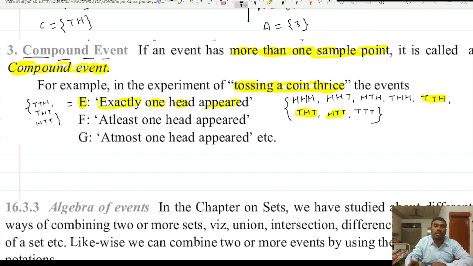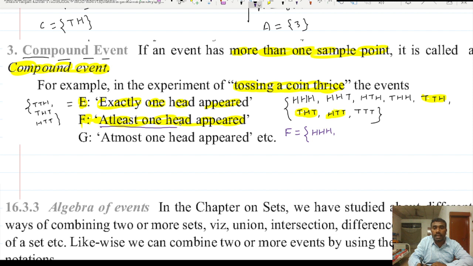Similarly, consider the second example, where we take F as an event in which at least one head appeared. Hopefully you got the concept. F is an event in which at least one head appears, so more than one head will also be considered as a favorable case. All the cases will come except this one, because at least one, so more than one will also be counted.